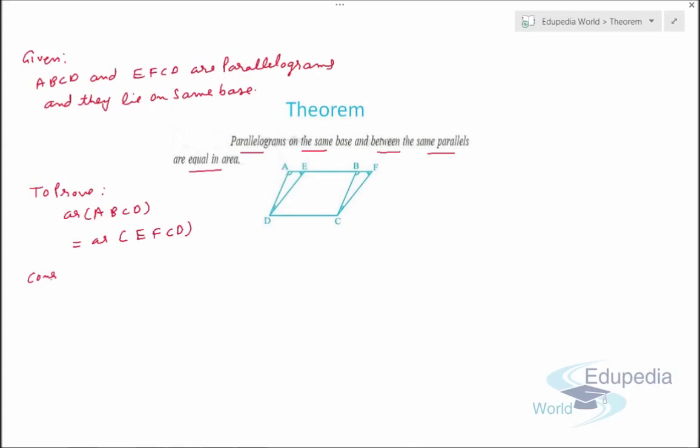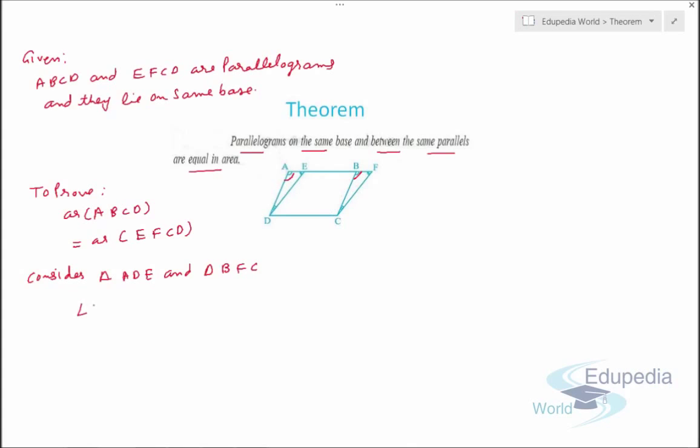Now, if you consider triangle ADE and triangle BFC, in these triangles we can say that this angle equals this angle. Why? Because AD is parallel to BC and AF is a transversal.